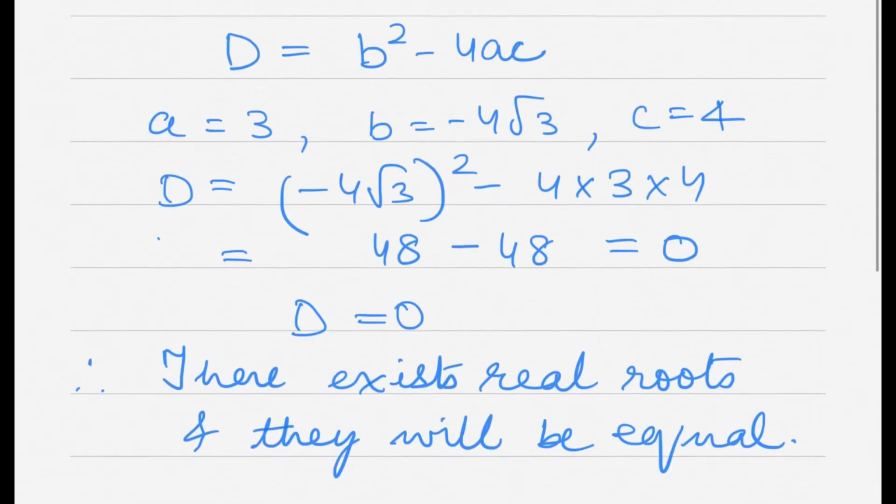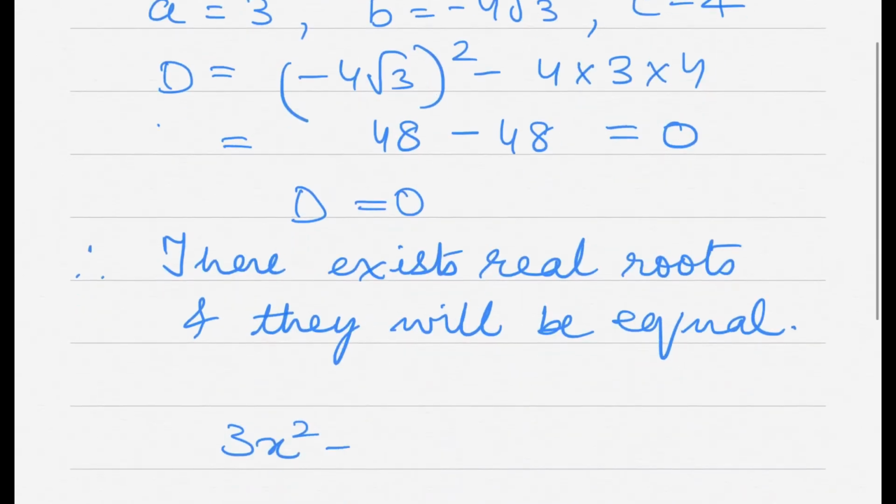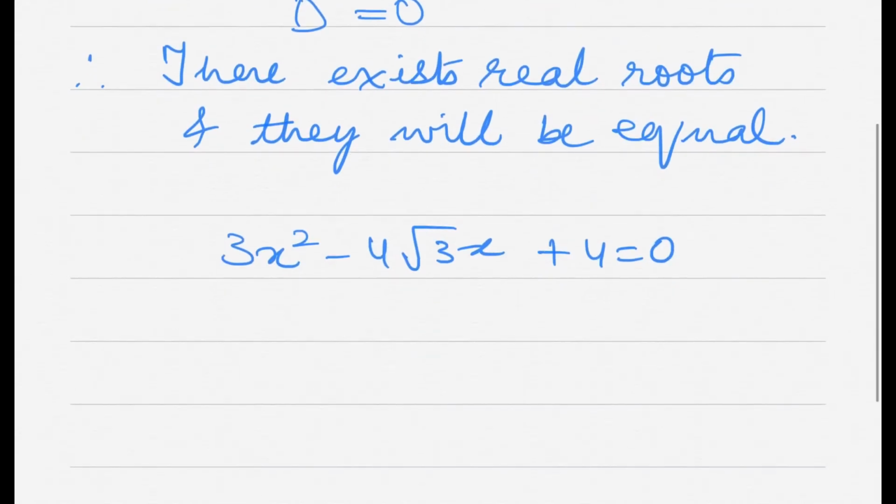3x square minus 4 root 3 x plus 4 is equal to 0. Let's find the roots by splitting the middle term. The sum is equal to minus 4 root 3 and the product is equal to 4 into 3, so 12.